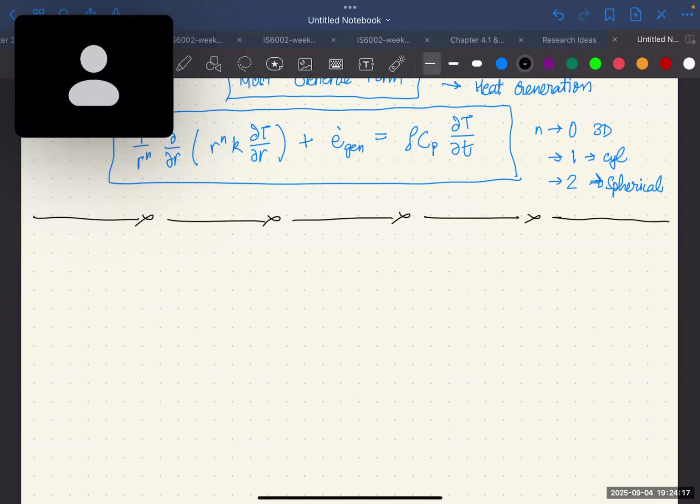So let's begin with the first problem which I've shared, which is problem 1-35. All these problems I've taken from the book Incropera. Incropera is the name of the author.